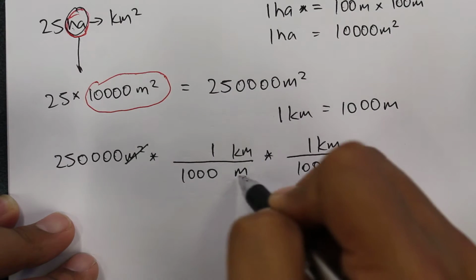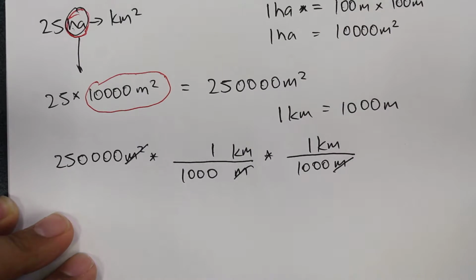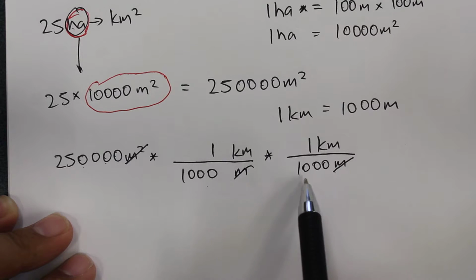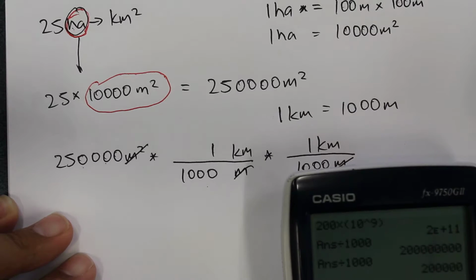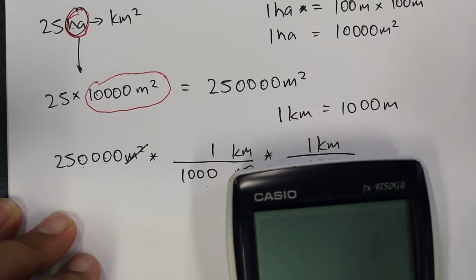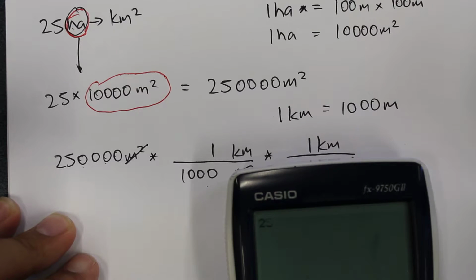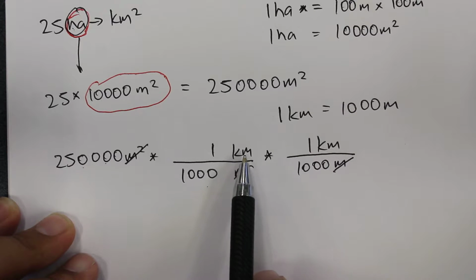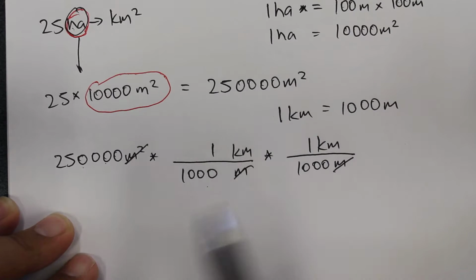The meters squared unit will cancel with these two, and we end up with 250,000 divided by 1,000 divided by 1,000. So you can place that in your calculator. 250,000 divided by 1,000 and divided by 1,000, and we get 0.25, and the unit is kilometers times kilometers, or kilometers squared.